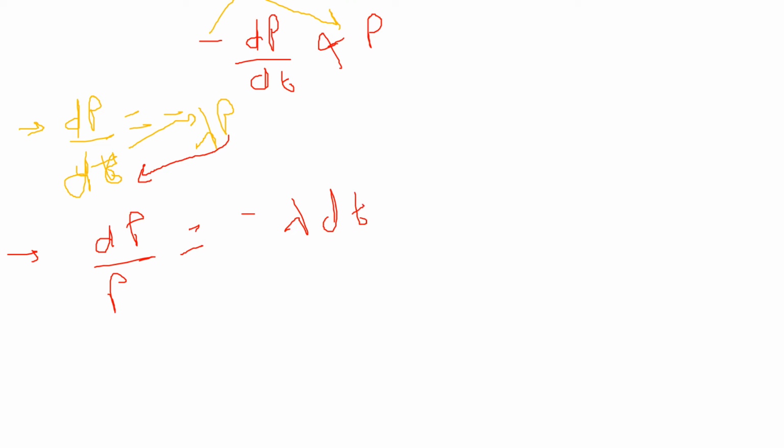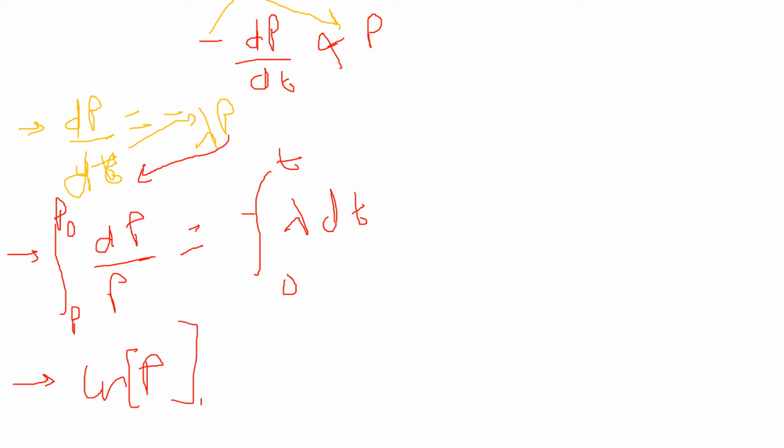So we will integrate both the sides, and for LHS we will integrate it from P naught to P, and RHS we will integrate it from 0 to T. Okay, so LHS will become ln of P, changing from P naught to P, and similarly the RHS will become lambda T, which is changing from 0 to T, isn't it?